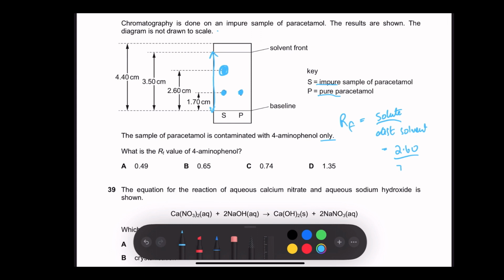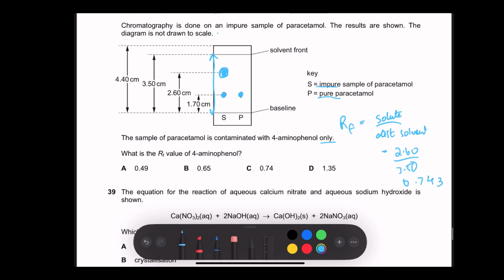That's 3.50. 2.60 upon 3.50. We have 0.743, and 3.7. C.